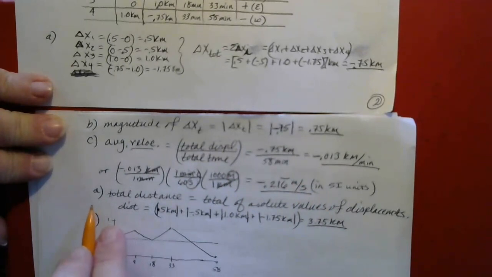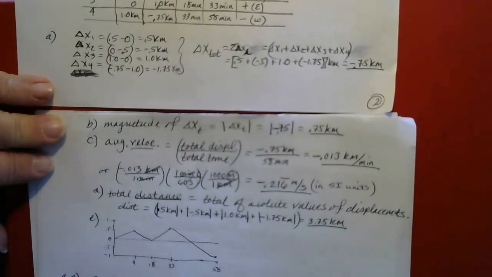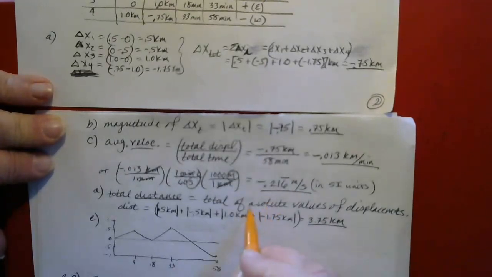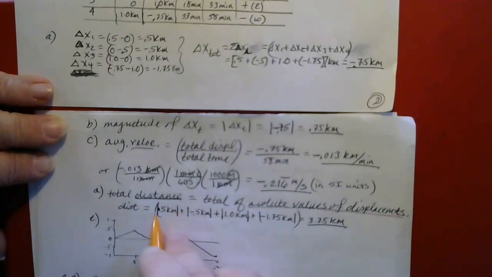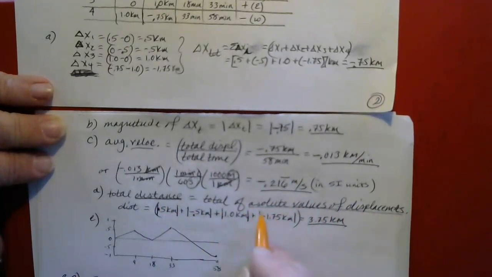Part D is the total distance traveled, which is basically the total distance regardless of direction, which means add up the absolute values of all of the displacements. So it'll be the absolute value of 0.5 plus the absolute value of negative 0.5 plus the absolute value of 1 plus the absolute value of negative 1.75.